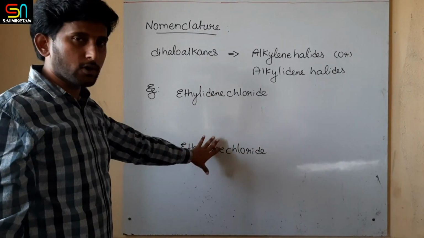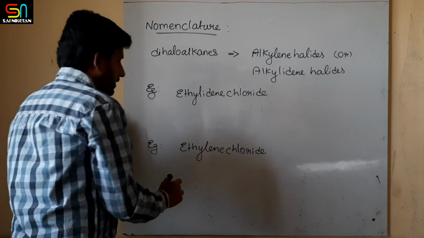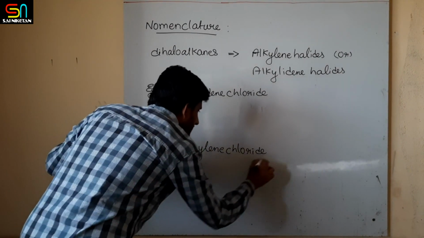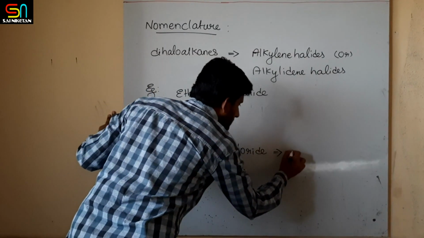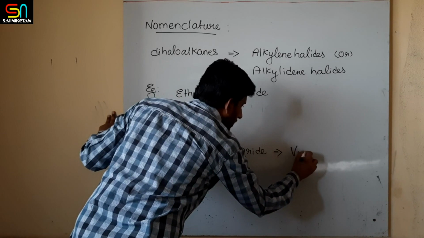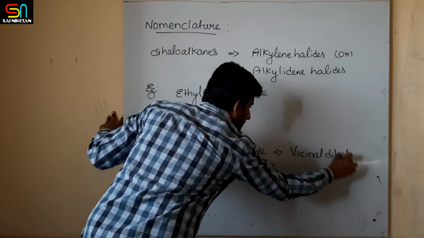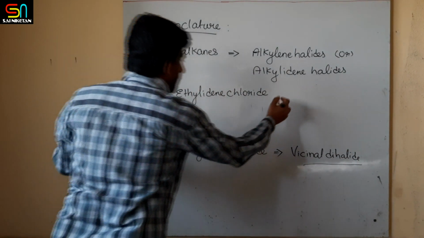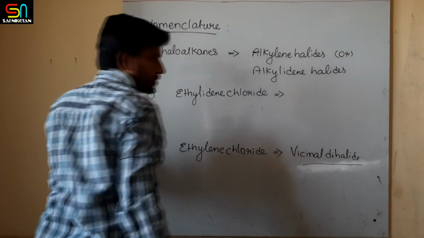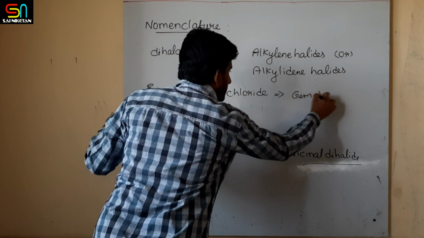Both are dihalo compounds only, dichlorides only. But what is the difference here? Ethylene chloride is an example of vicinal dihalide or dichloride, you can say, and ethylidene chloride is an example of gem dihalide.